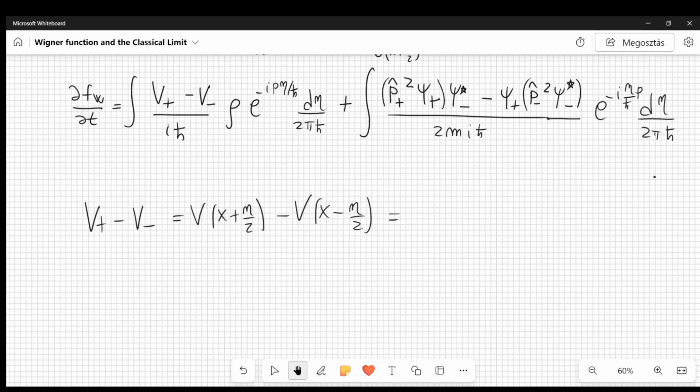So when I take this subtraction, the even terms will disappear because even powers of minus eta over 2 are equal to even powers of plus eta over 2. Therefore, we will be left only with the odd parts. And therefore, we can write the result like this.